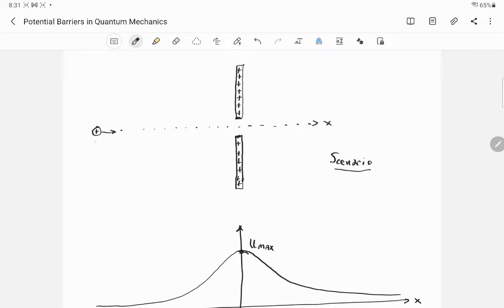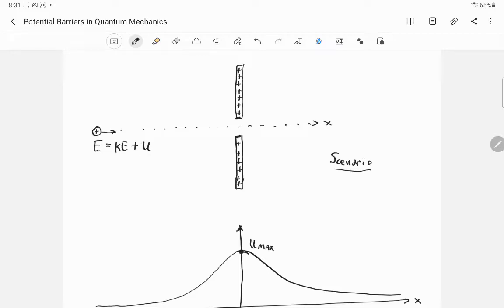And imagine giving this particle different amounts of energy. You know that the energy is a combination of this particle's kinetic energy and this particle's potential energy. So this is the energy of this particle.